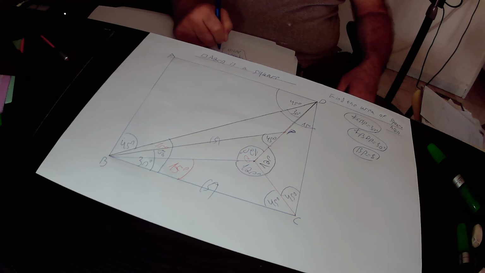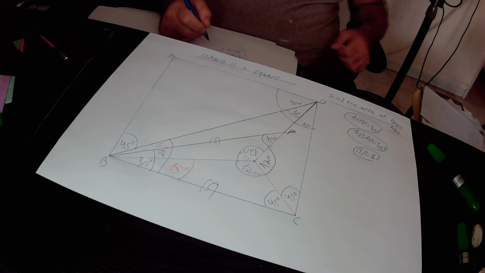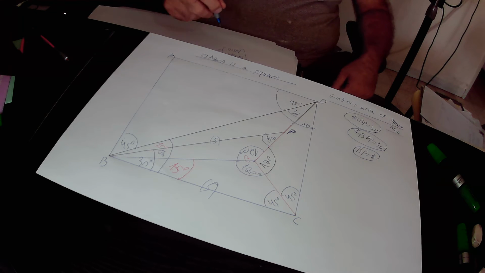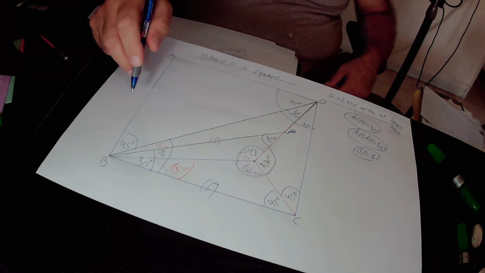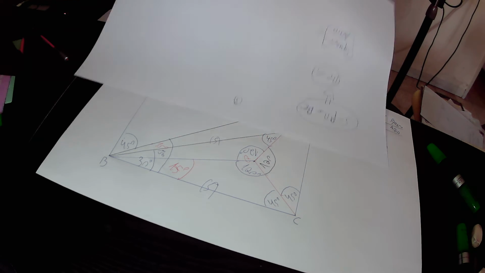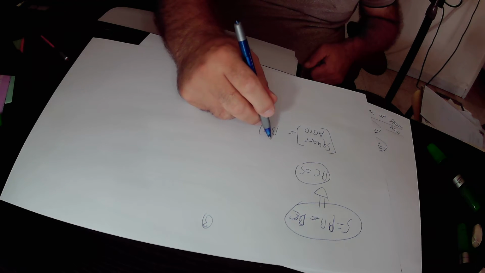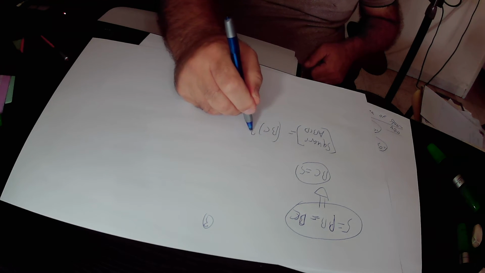Actually, we know that the area of any square equals the length of one side squared. Therefore the area of square ABCD must be equal to the length of BC squared.